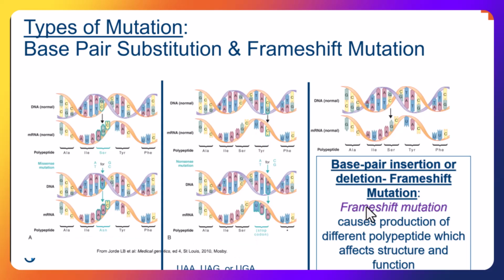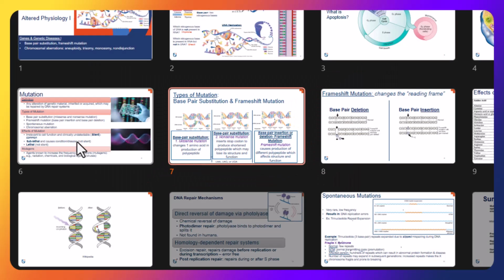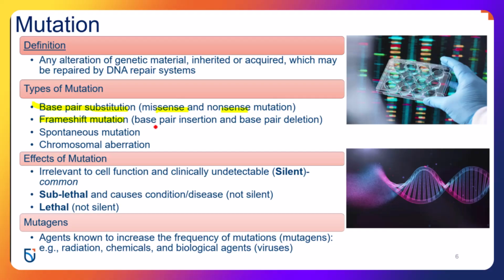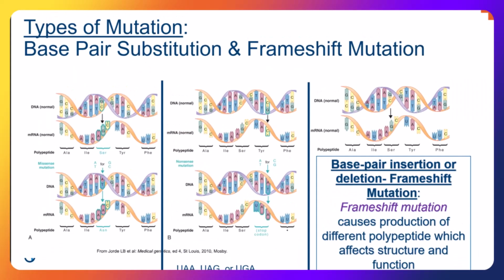Next up is another form of mutation that's called a frame shift mutation. And frame shift mutations, as you might remember from this slide here, include base pair insertions and base pair deletions. So it's not a substitution.